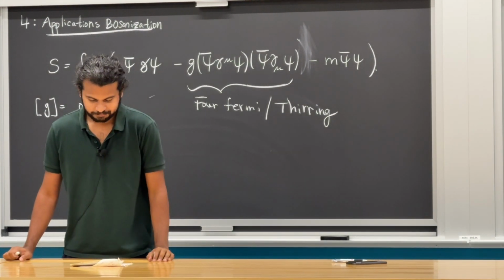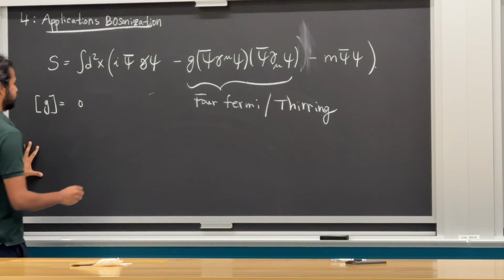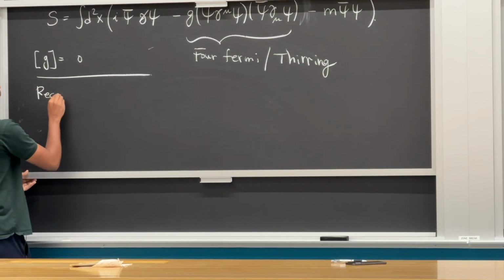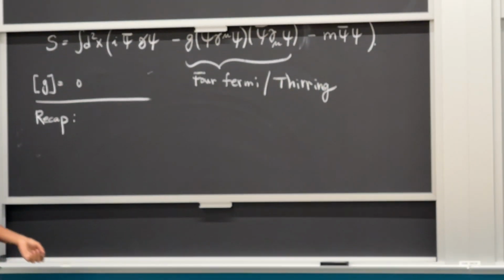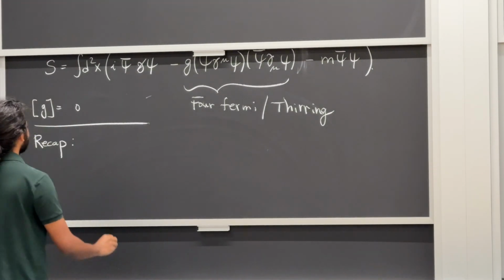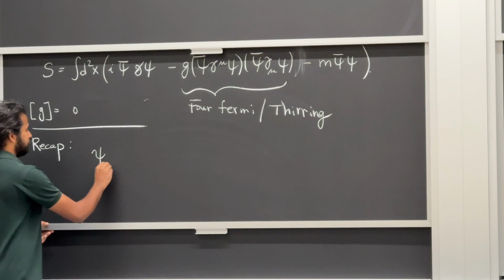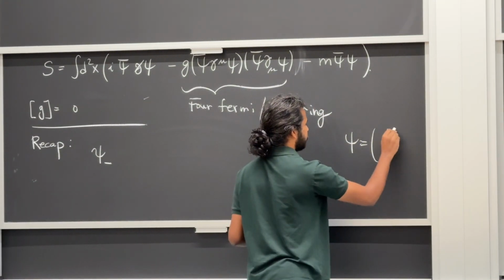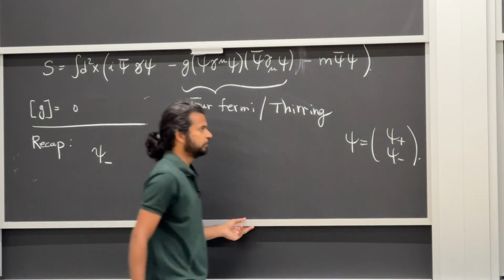Alright, so let's recollect bosonization. This is a recap. Last week, with a bunch of caveats, we found that the chiral fermion psi minus, so remember this is a Dirac fermion with 2 components, and these are called the chiral fermions.